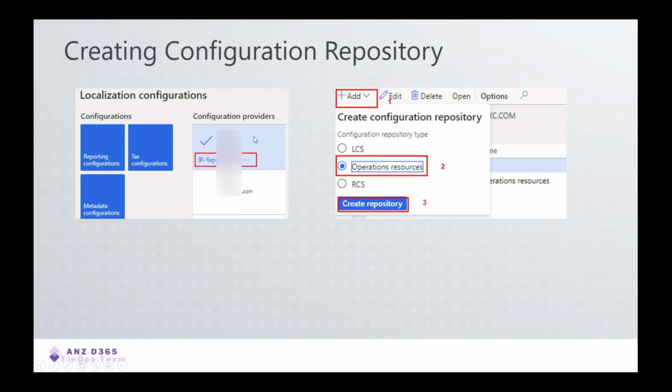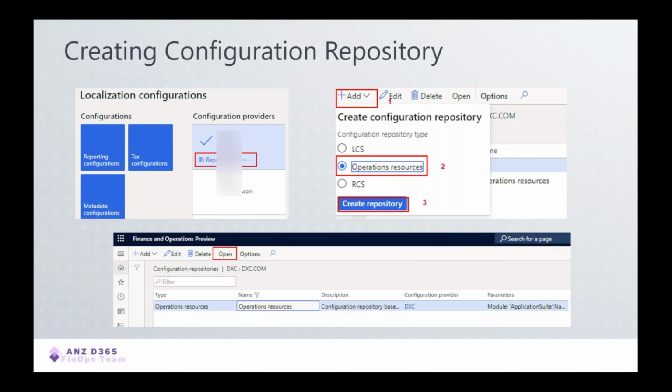So how do we do it? You need to click on the configuration provider, define it as an operation resource, and create a repository. It will store whatever report you develop in your repository. It will not be shared in LCS, and it will not be shared to any other library or project.